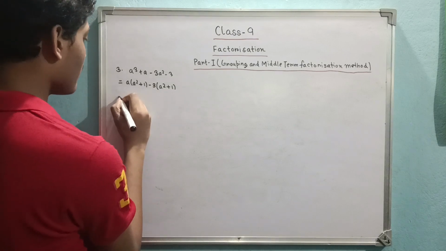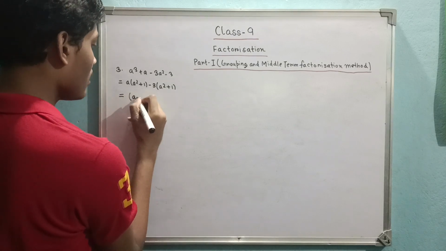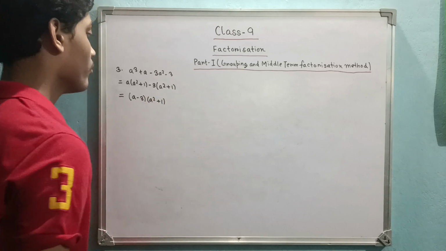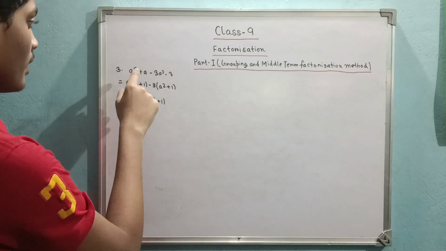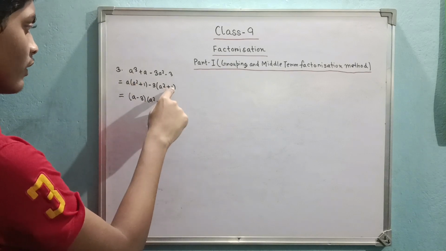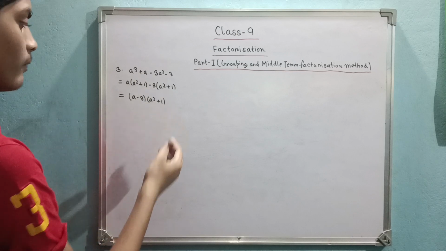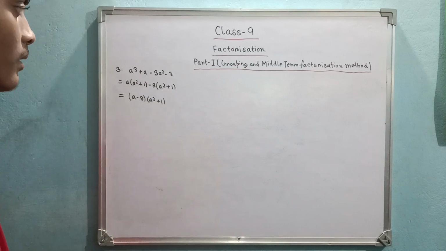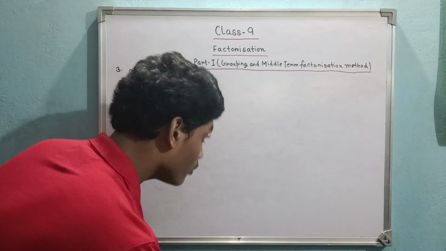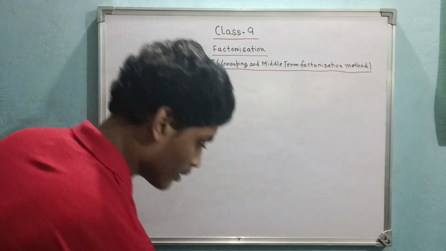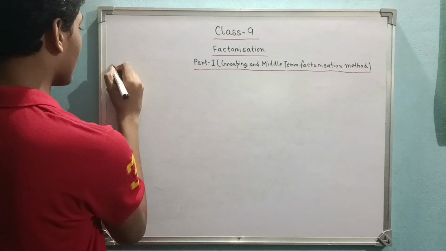Now I can write this as a minus 3 into a square plus 1. Very easy. Taking a common to make these two same, and minus 3 common to make these two same, and getting the answer. That's the grouping method. Just have to figure it out correctly. Then it's very easy.